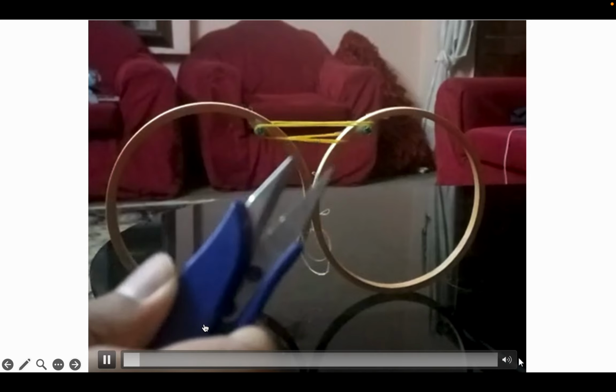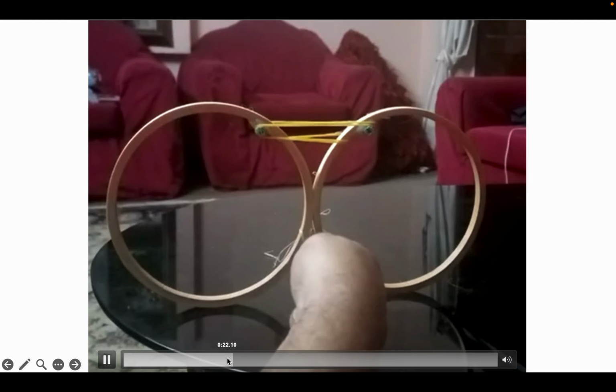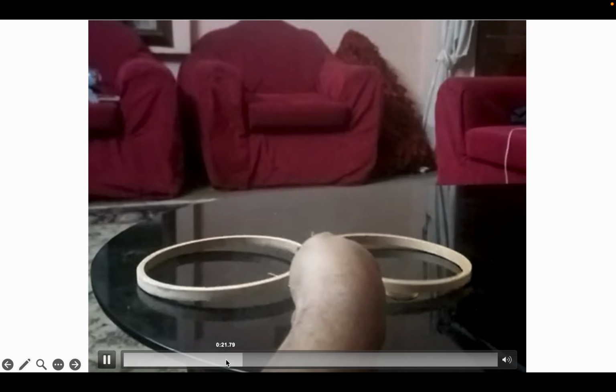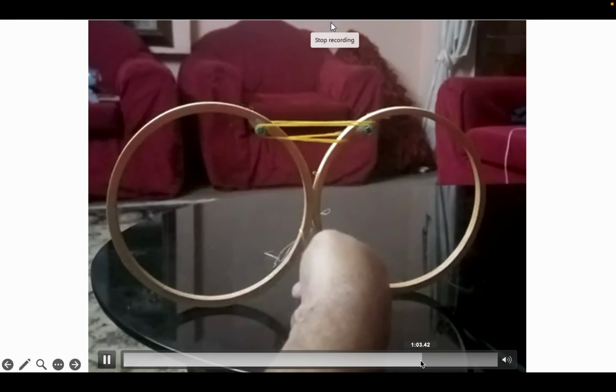Okay, here's the thread cutter. Let's move it. Okay, did you see that? It moved upward. Let's see it in slow motion too. When the thread is cut, did you see that?